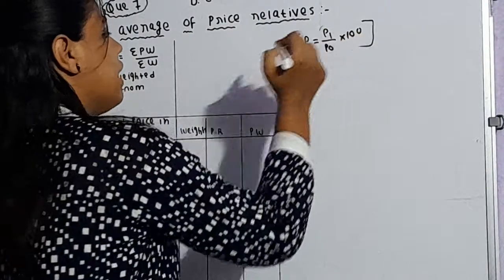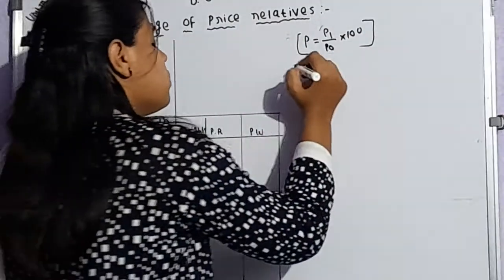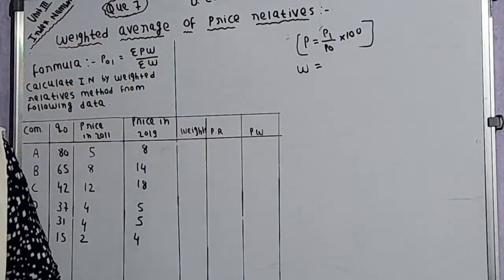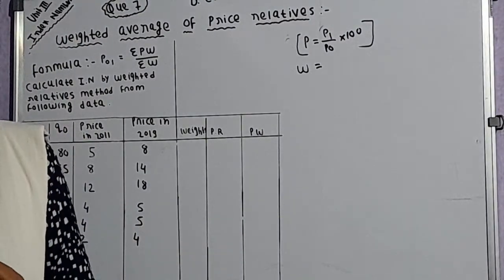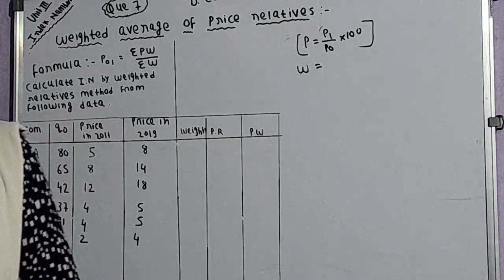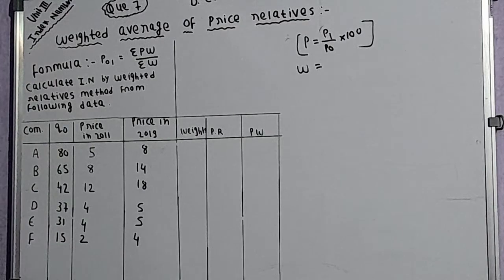Now the next thing that we have to do is compute weight. While dealing with Laspeyres' method and Paasche's method, I have told you that in Laspeyres' method, the quantity of base year is considered as weight, and in Paasche's method, the quantity of current year is considered.